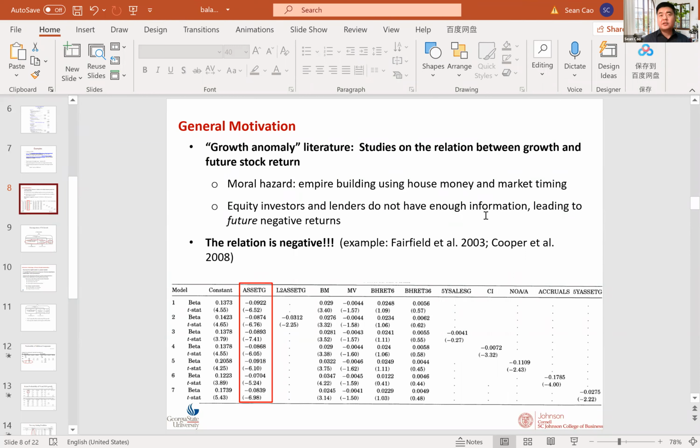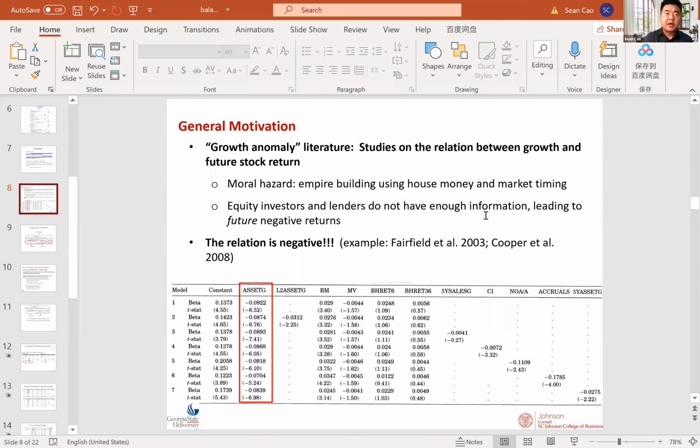They cannot evaluate whether the manager did it right or wrong. And also the managers have the incentive to expand the firm for their own purpose, not for the shareholders' interests. So all these together, what we found is if a firm has extreme asset growth, the firm will experience negative returns in the future. That's what we have experienced when we analyze the data.